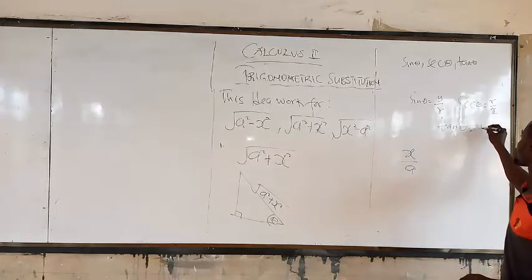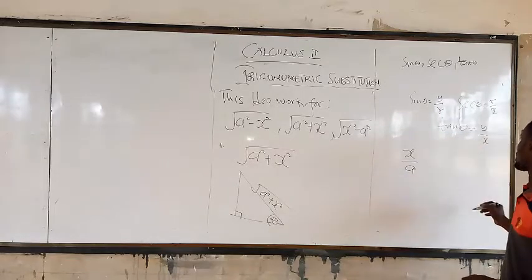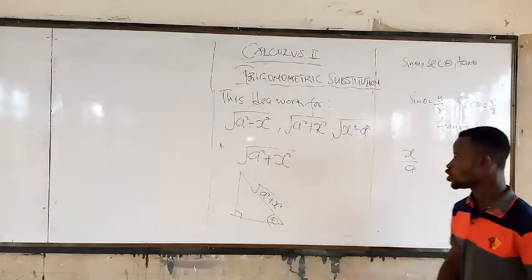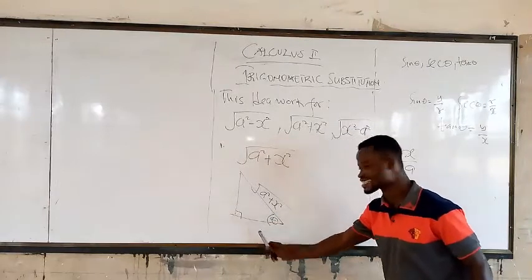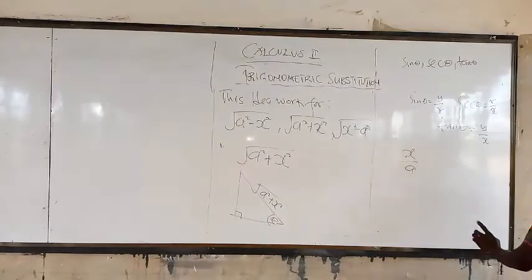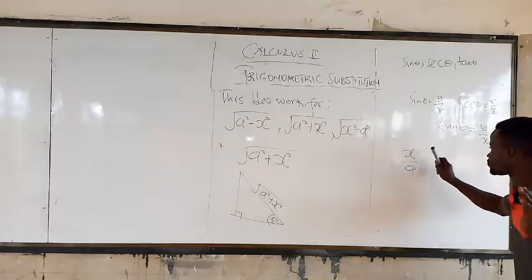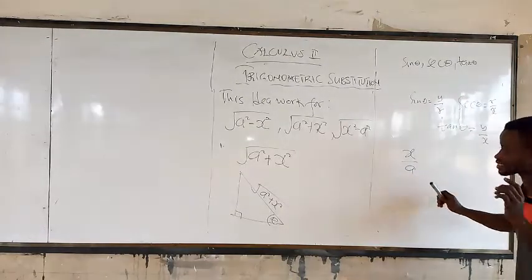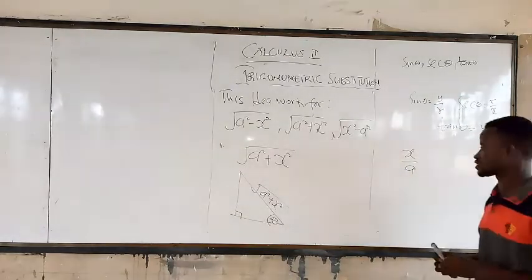We are going to have y over what? X. Y over x. So the opposite over the adjacent here is going to be a variable over a constant. So how do we get that?